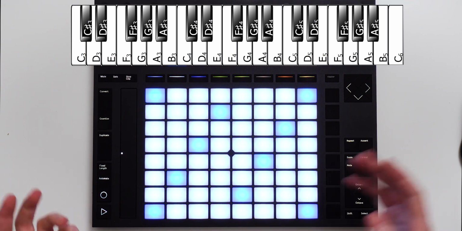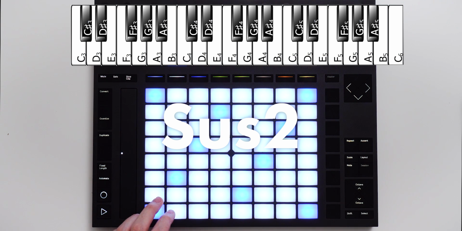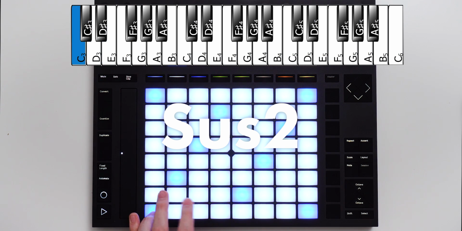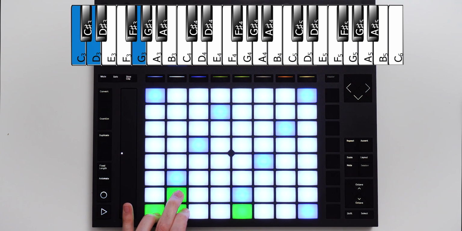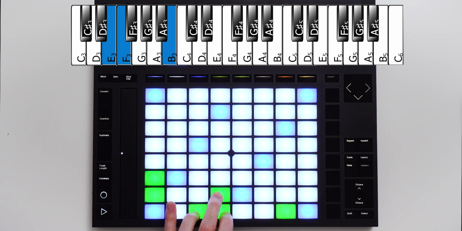Maybe can be cheesy. If you didn't guess it already, it's just the same thing, but instead of going from 3 to 4, you go from 3 to 2. I don't know if this is an actual suspended 2.